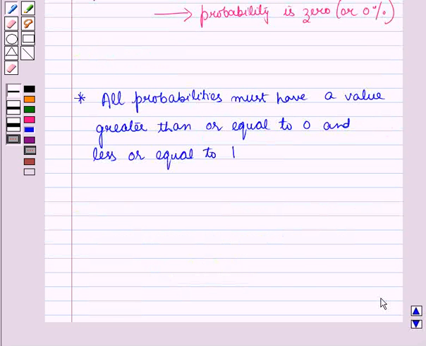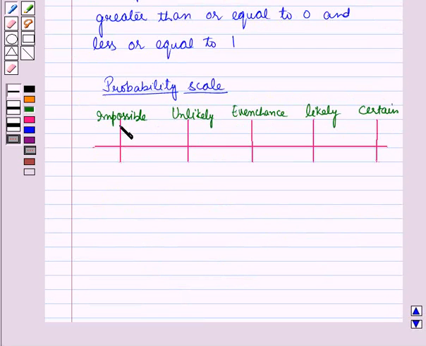Now, this can be shown by a probability scale. Now, the probability of an impossible event is 0. For example, getting a number greater than 7 on a rolling die is an impossible event and its probability is 0.